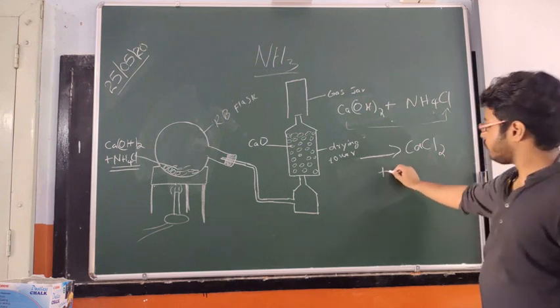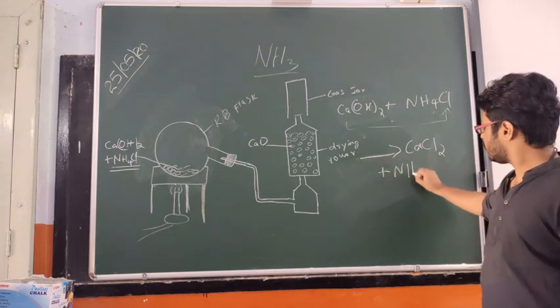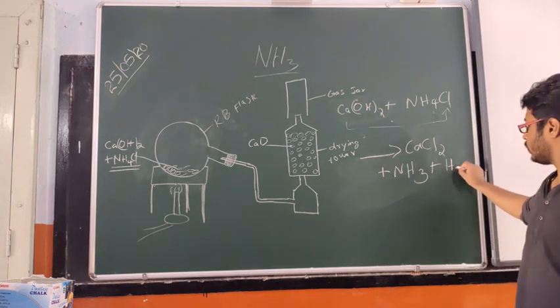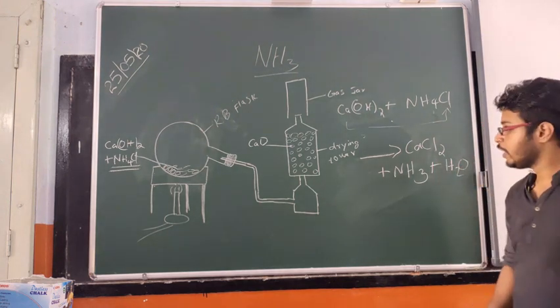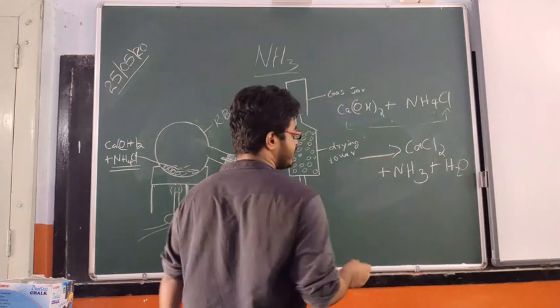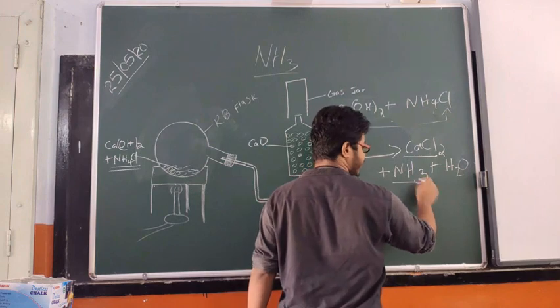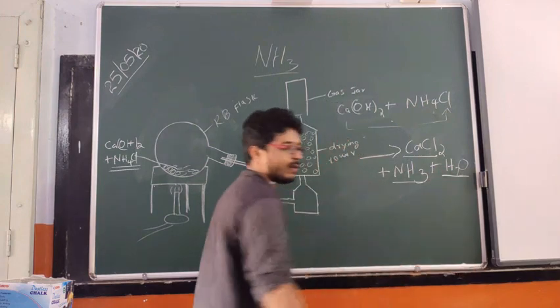The other byproducts will be NH3 and the last one will be H2O. So there will be three products: the first is calcium chloride, the second is ammonia gas, and the last is water.